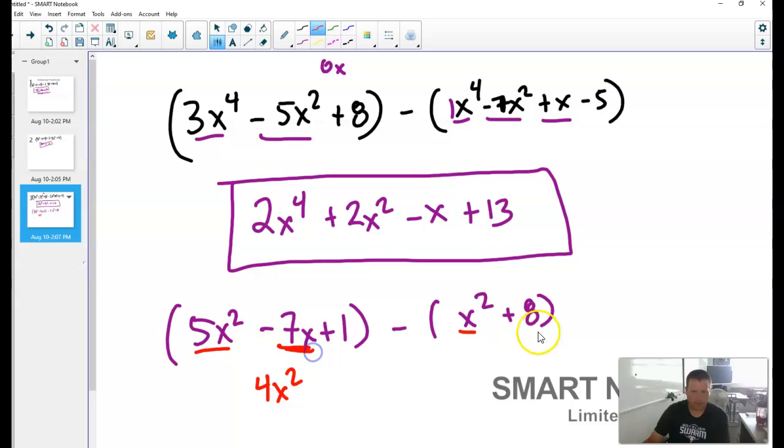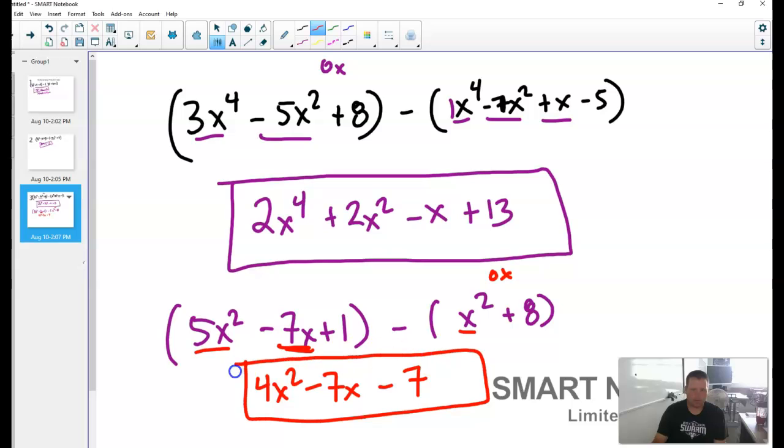But then this term can't subtract from anything over here. This one we just drop down because it's really negative 7x minus 0x because there's 0x over here. And so negative 7 minus 0 is just still negative 7 from that. So it's not like this one above because it's in the left one. Okay? And then obviously I get negative 7 here from 1 minus 8. So just be careful with those. Don't get too far ahead of yourself on those.